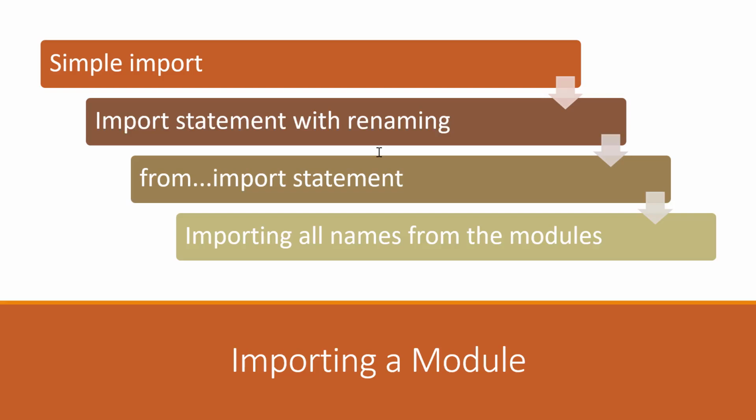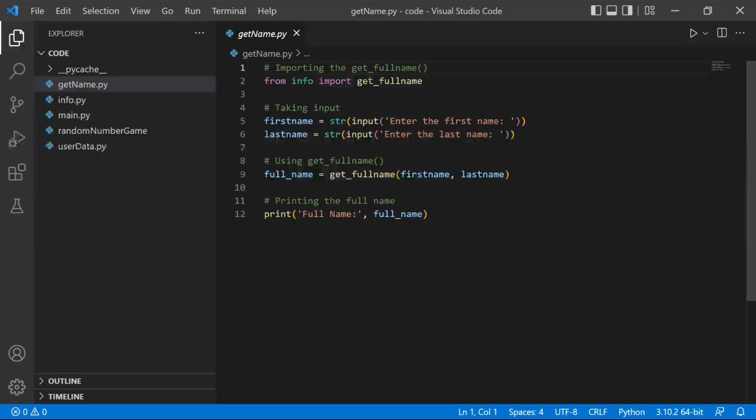So let us look at one example related to it. In this example, let's look at the first import statement. I have started the import statement by specifying the from keyword. After the from keyword, I have specified the name of the module. The name of the module is info, and then we are using the import keyword, and then we need to define the component that we want to import from that module.